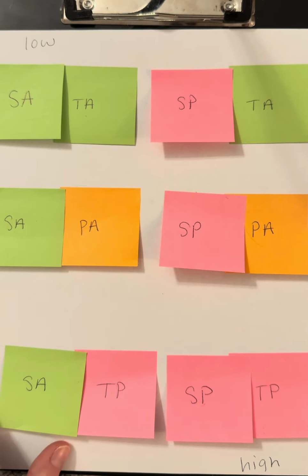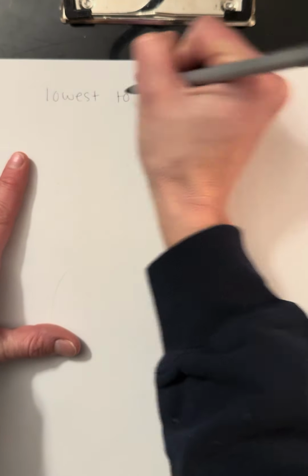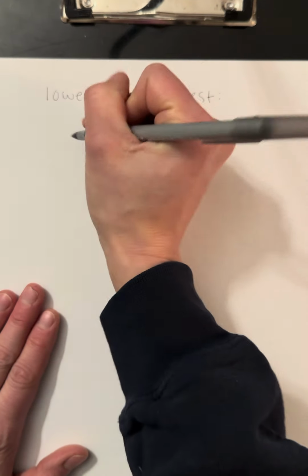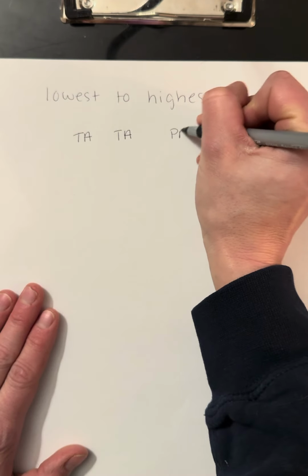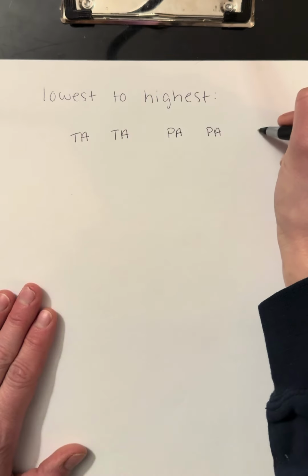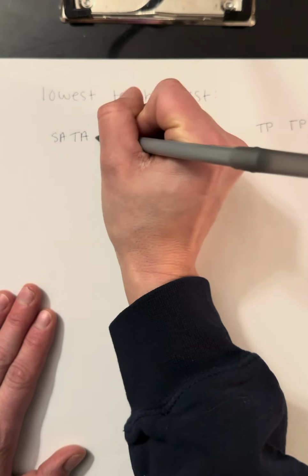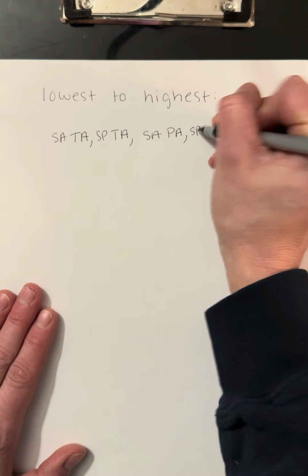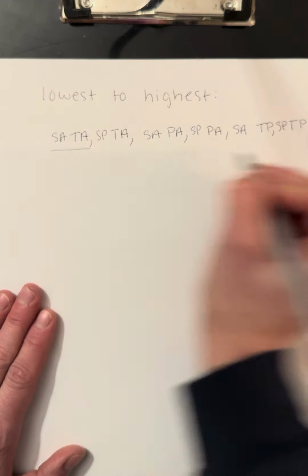If you were writing these out instead of using stickies, going lowest to highest, I would start with your temporal averages low, your pulse average mid, and your temporal peaks high, and then you fill them in: spatial average, spatial peak, spatial average, spatial peak, spatial average, spatial peak. Now you have them lowest to highest.